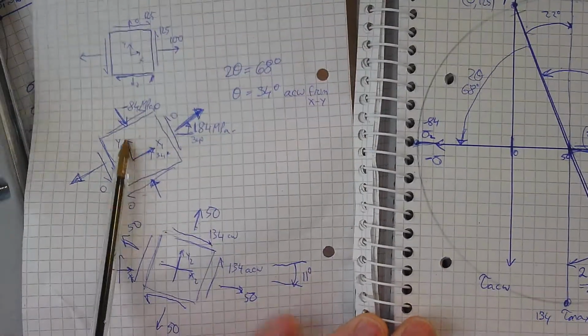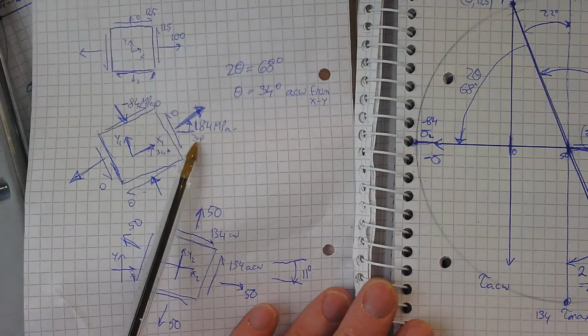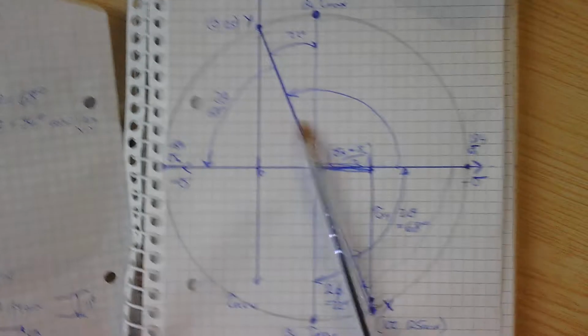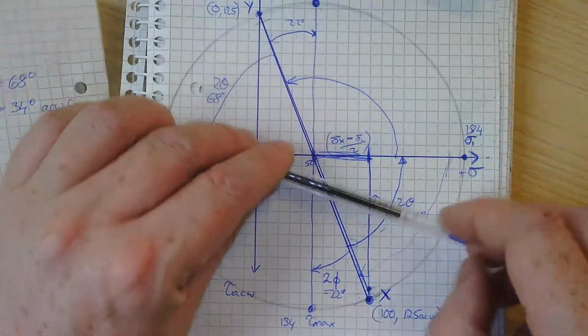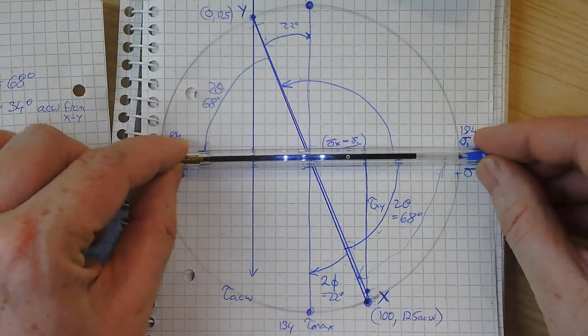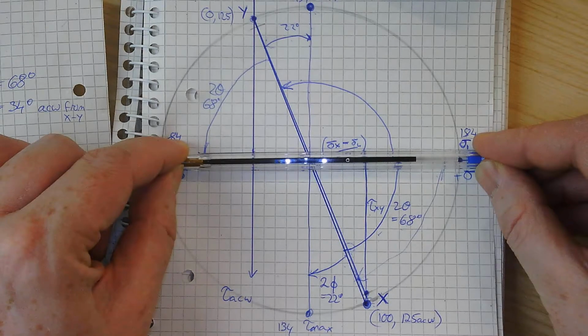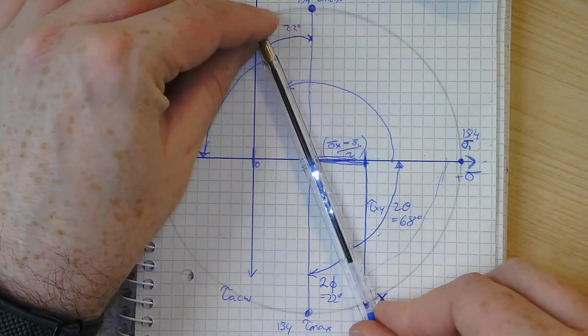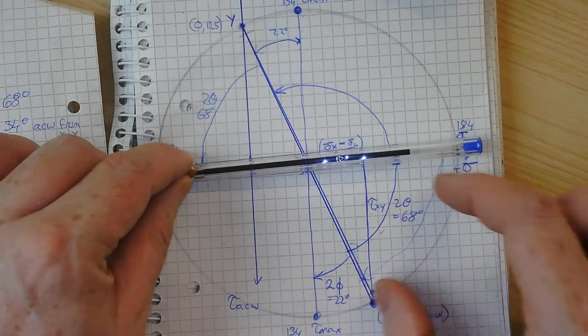That is the angle that your principal stresses are at. So it's 34 degrees back in the real world. Right? So it's the angle between your original XY coordinate system and the plane on which the tension and compression are at their maximum. All right? So that's your original XY coordinate system, that's your principal stresses there, and there's 68 degrees between them.